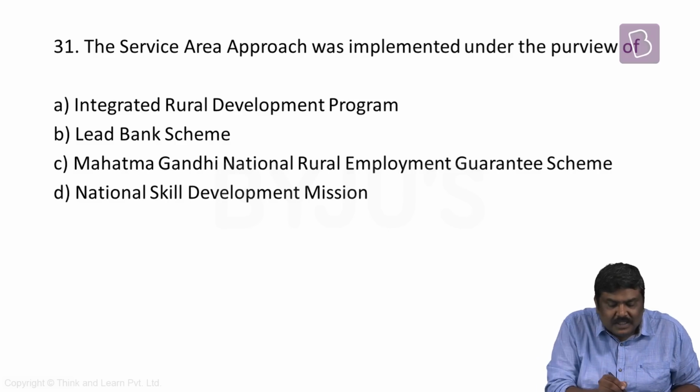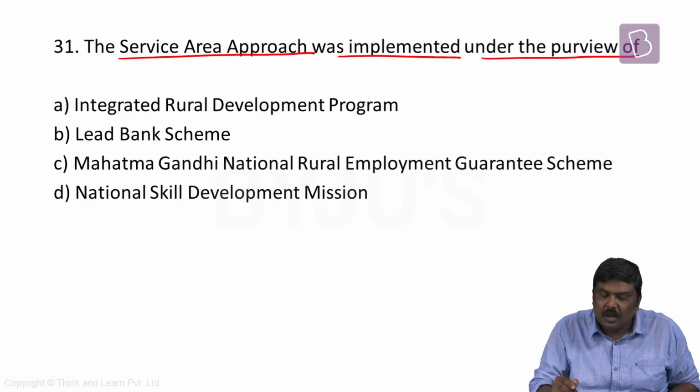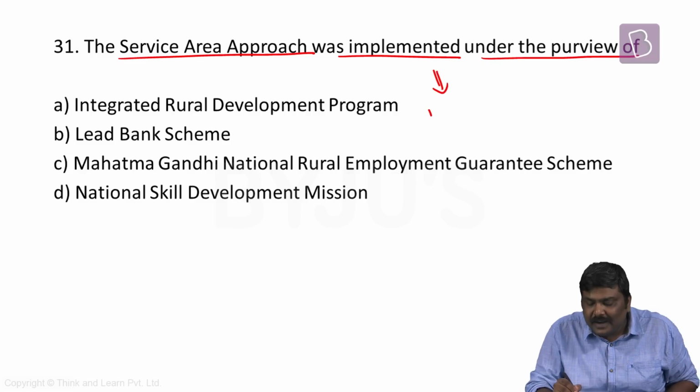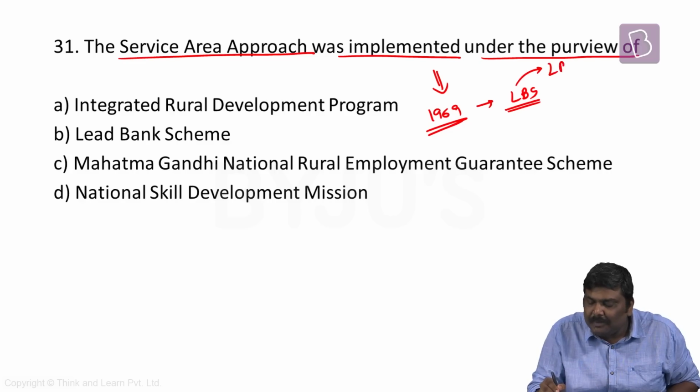Question number 31: the service area approach was implemented under the purview of. Under the concept of banking, in 1969 we introduced the lead bank scheme. Now, what do you understand by the concept of a lead bank?